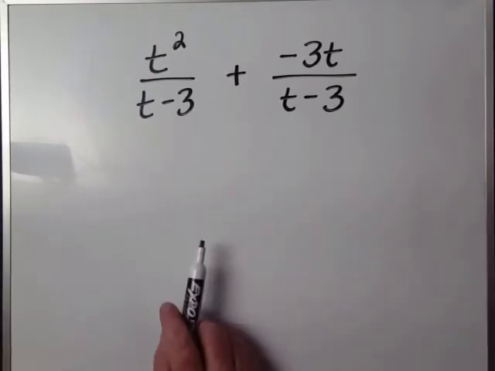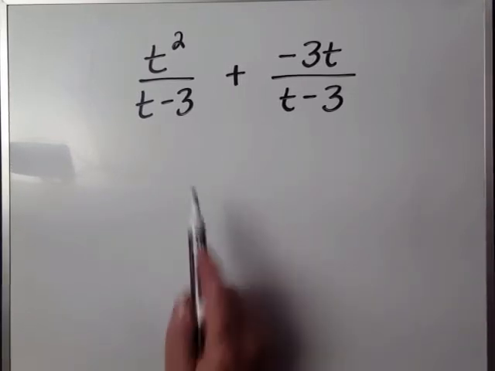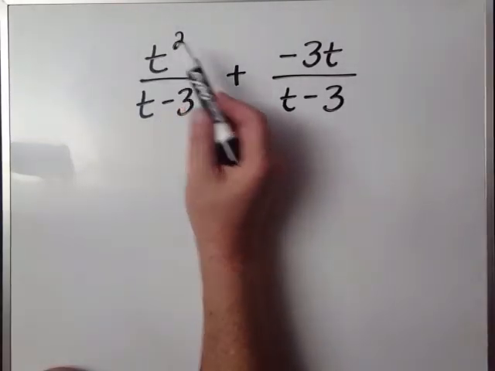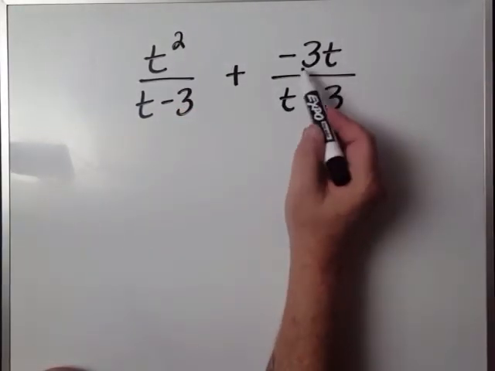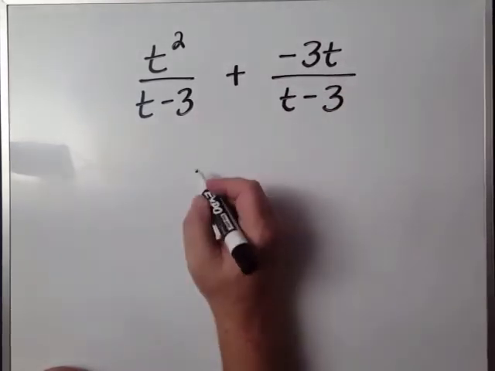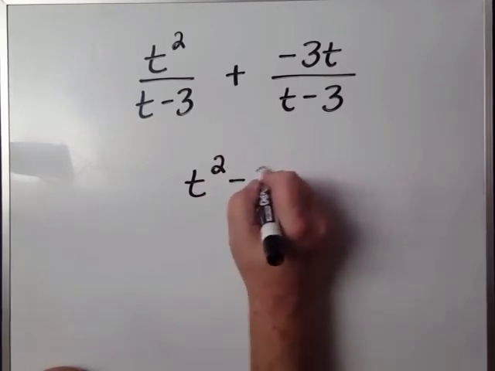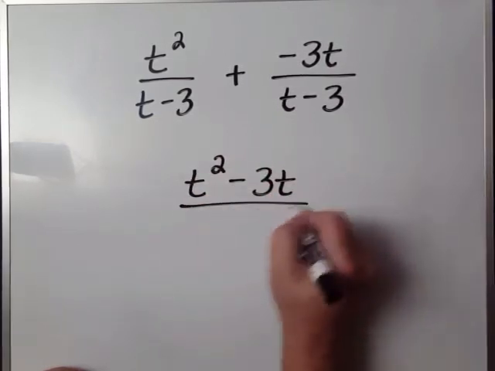I already have a common denominator, so I am ready to add up these numerators. T squared and plus a negative 3t. Those are unlike terms, so the best I can do is t squared minus 3t.